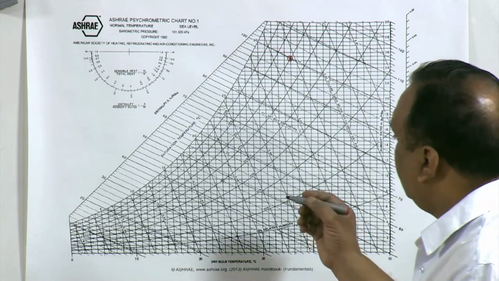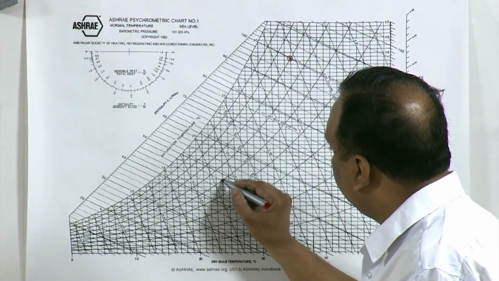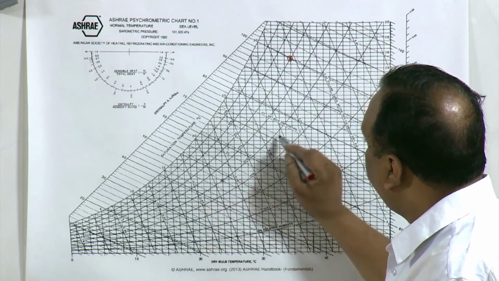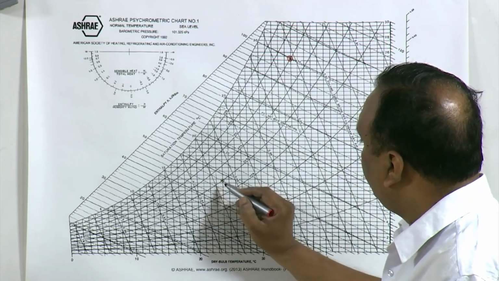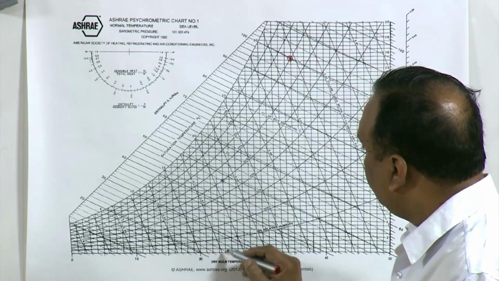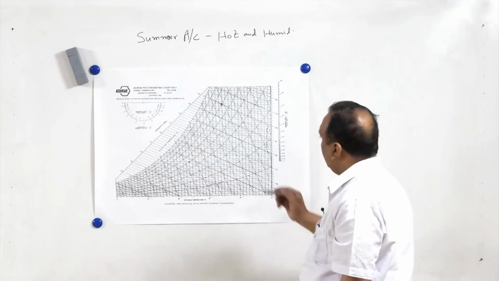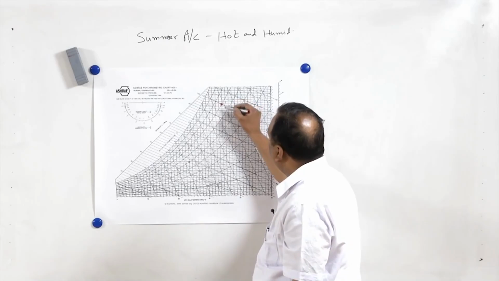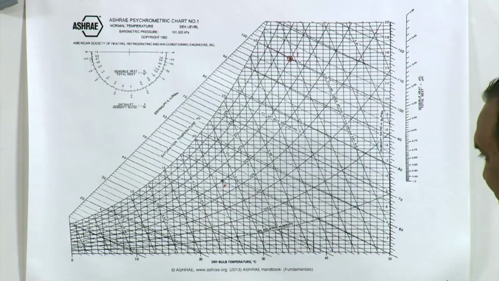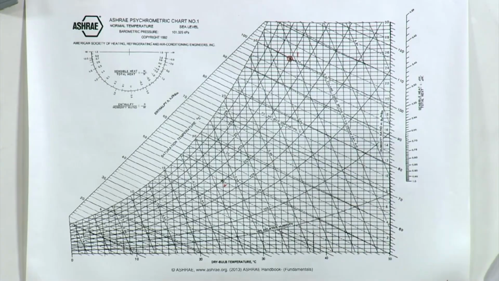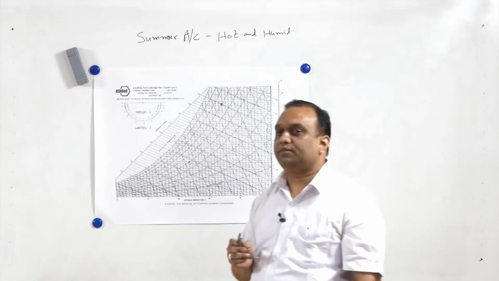Now, inside condition we will maintain 24 degrees centigrade dry bulb temperature and 50% relative humidity. Now, we have come from this point 1 to this point 2. We cannot directly come from this point to this point, we have to follow certain psychrometric processes.